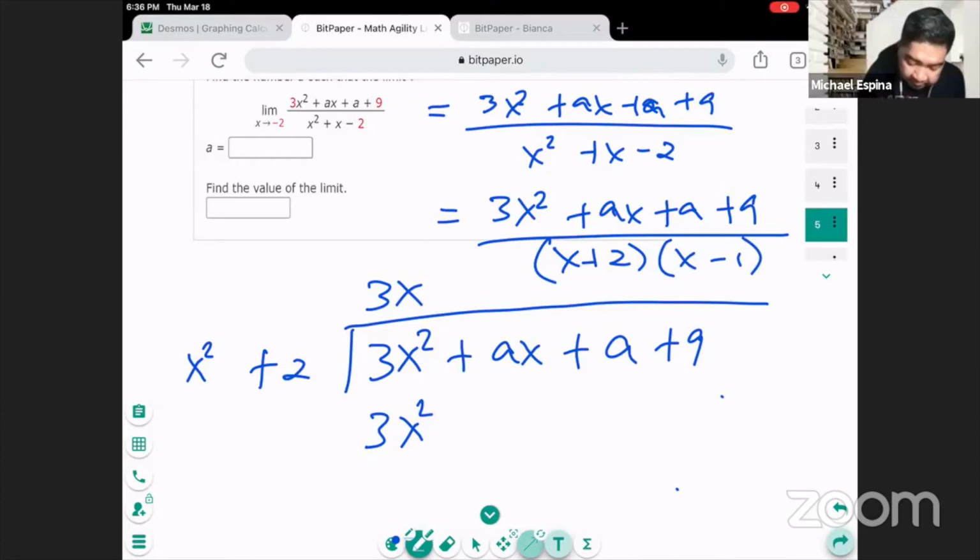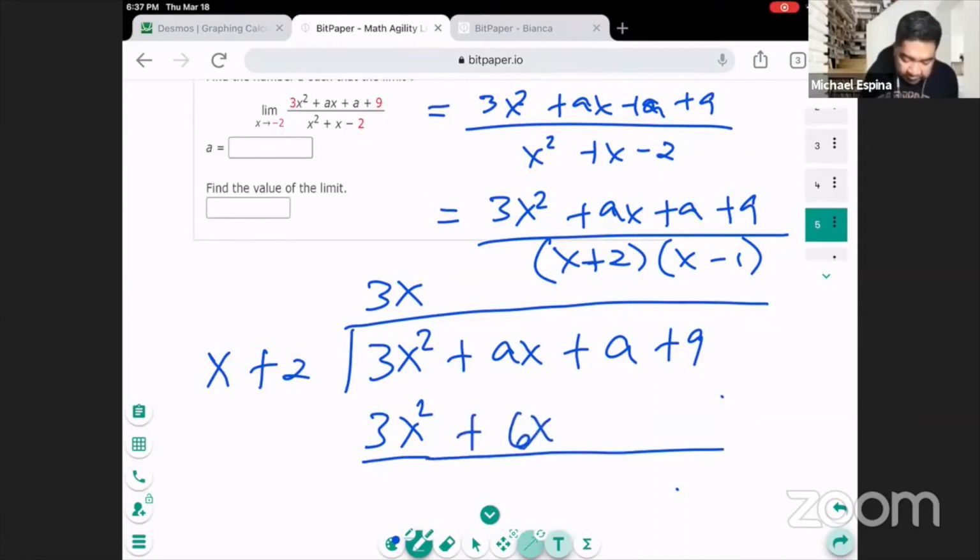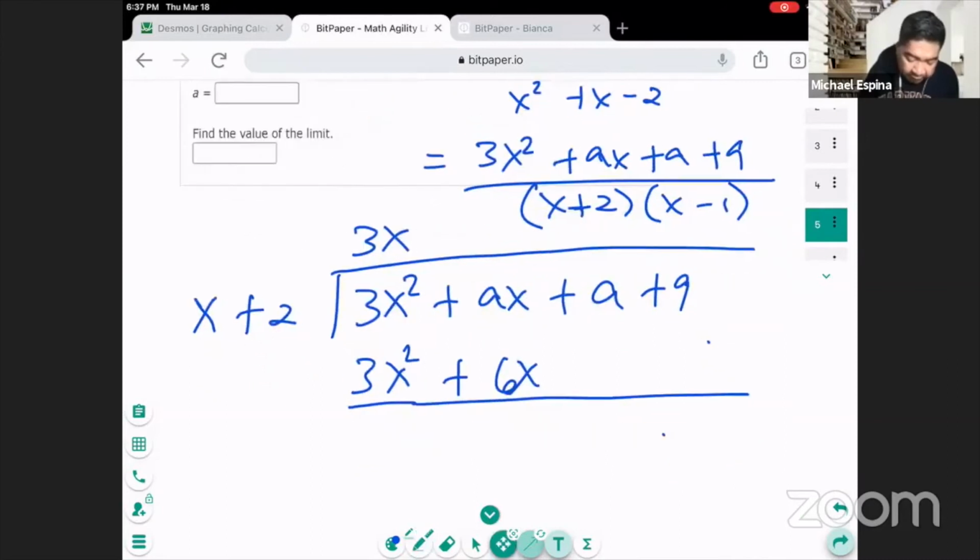Since we're looking for a remainder that is equivalent to 0, let's try to divide by x plus 2 the whole polynomial in the numerator. So we have 3x squared times x, which is this part here, and then 3x times 2 would be 6x. And then let's try to subtract this.